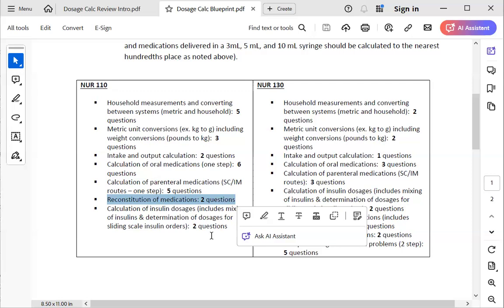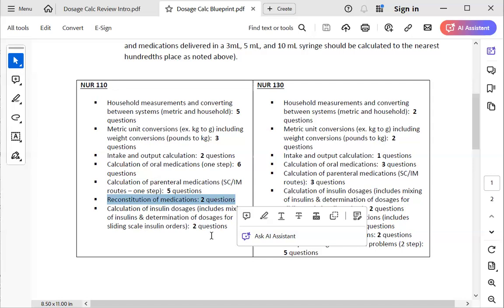Because you're adding water to a powder, you're turning it into a suspension. Once you learn what the strength is, then it's just a matter of calculating the milliliters.